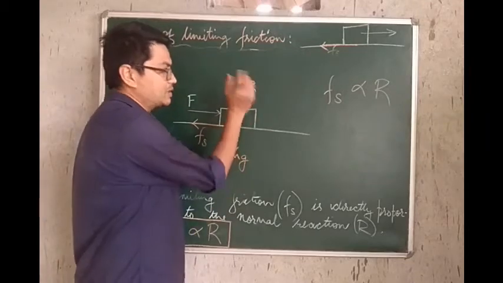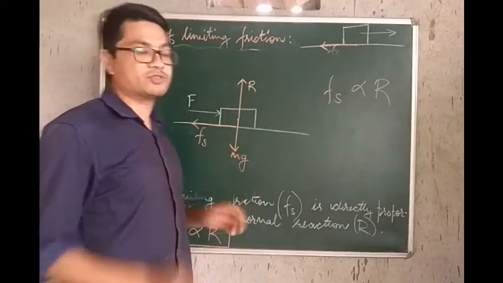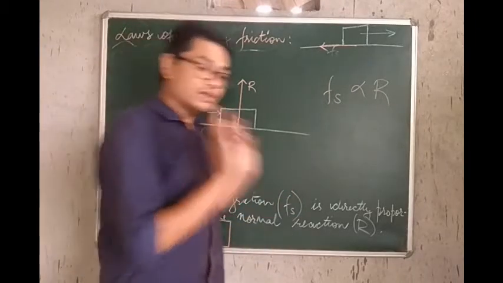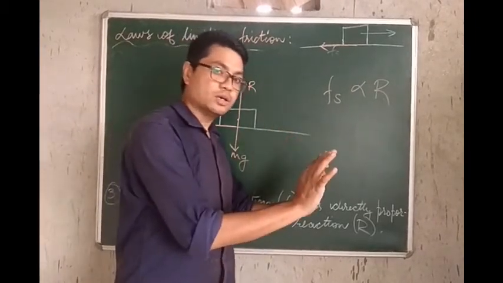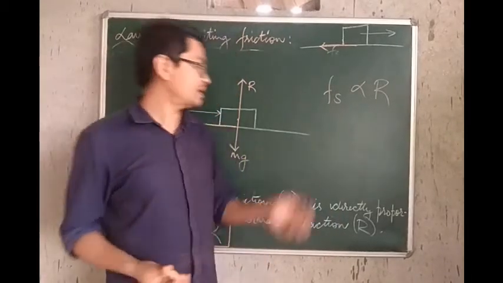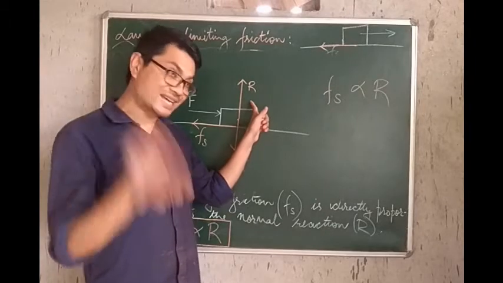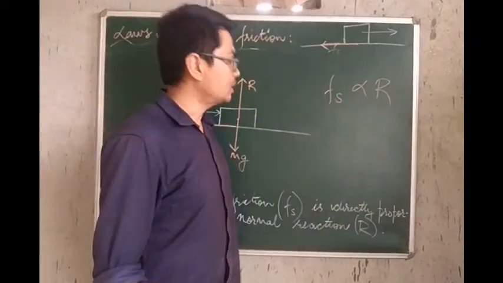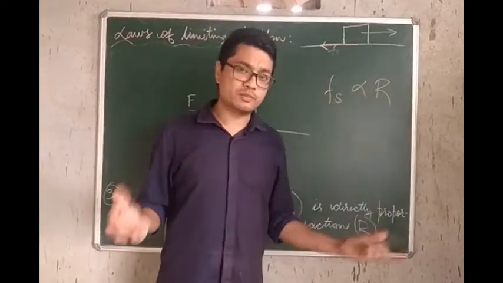Less is the weight of the body, less is the normal reaction. These two forces have to be equal and opposite. And it will be very difficult for us to push a cupboard. Why? Because the cupboard has more weight, and thereby it will have more normal reaction, and hence more will be the force of friction acting on it.